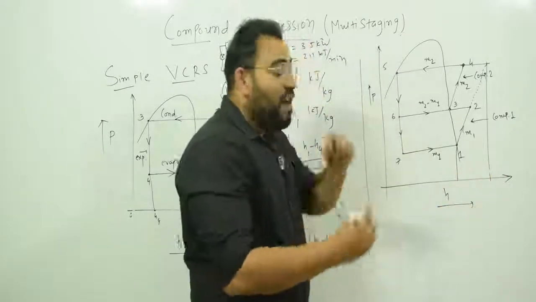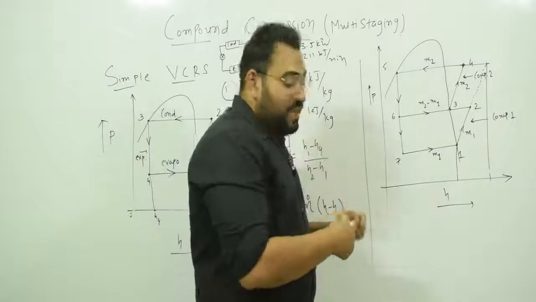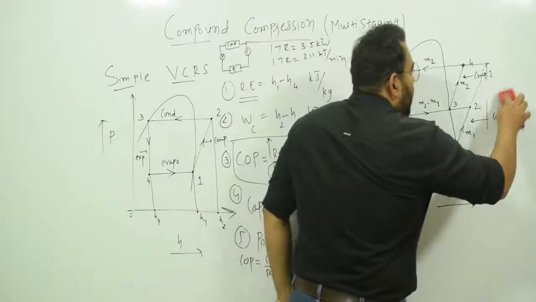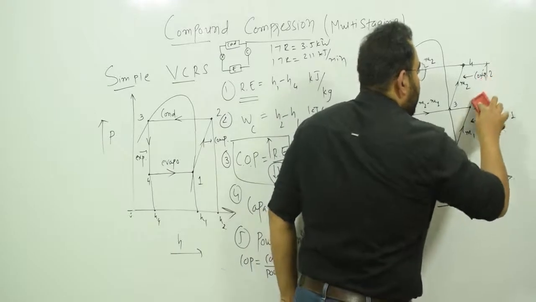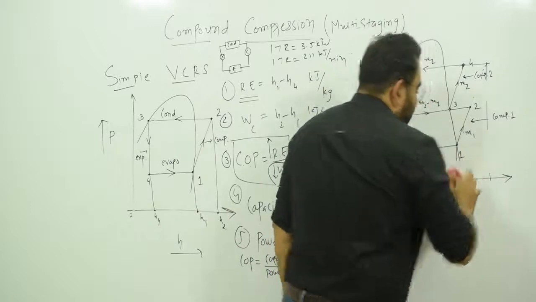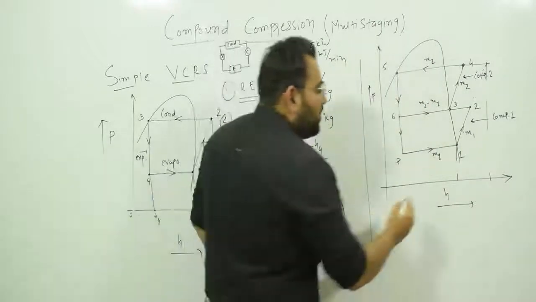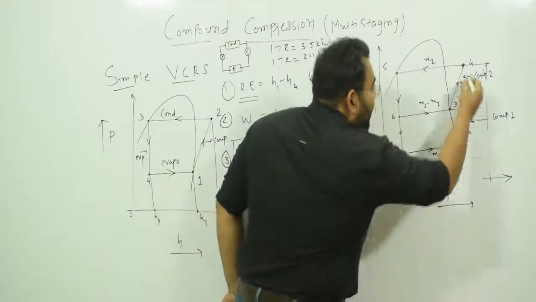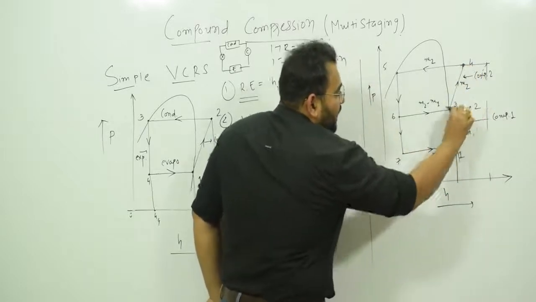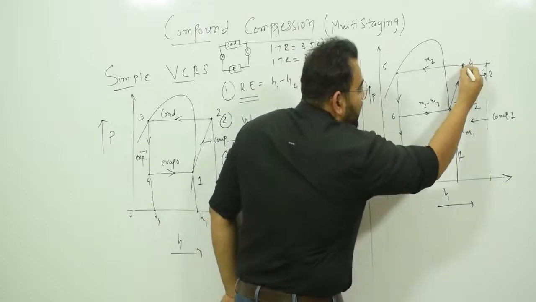But if I do compression in more than one stage, this is what happens. I will remove this so you will get to know. If I do compound compression, your first point is here and your last point is here, because you go 1 to 2, then you come back, then you go 3 to 4, so your last point is over here.